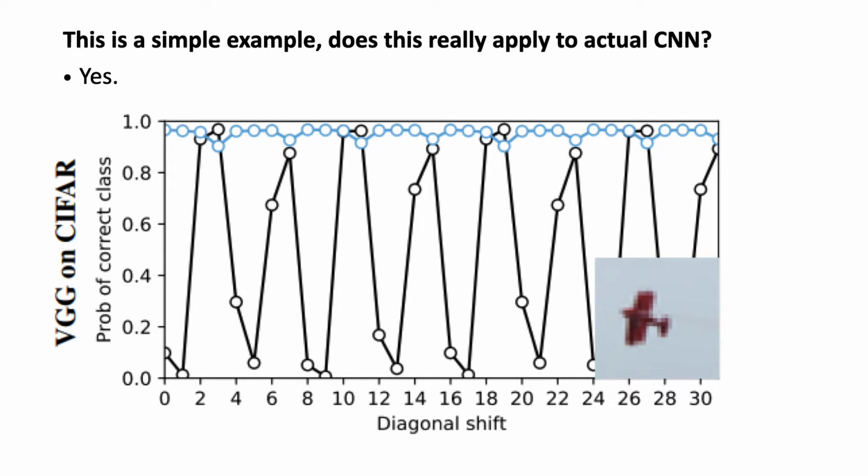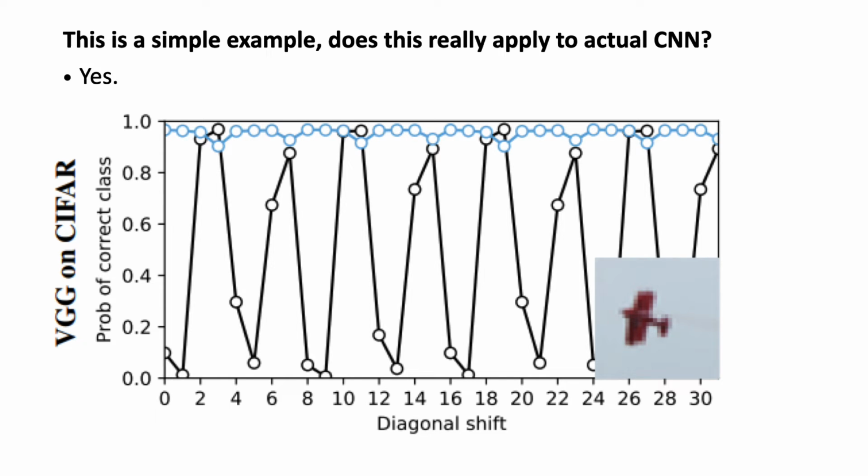Yes, we see the problem with CNN in a toy example, but does this happen in an actual CNN that is trained on ImageNet? The authors showed that this actually happens. What you see here on the x-axis is the number of pixels by which the image is shifted in the diagonal direction. And what you see in the y direction is the probability of the correct class that is predicted.